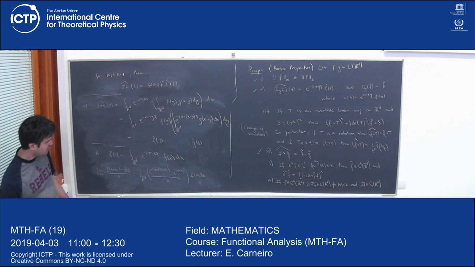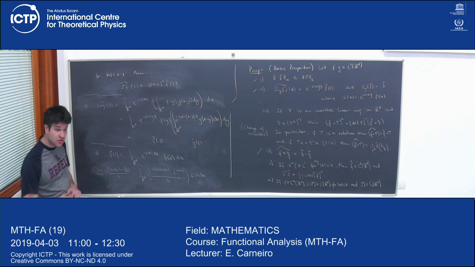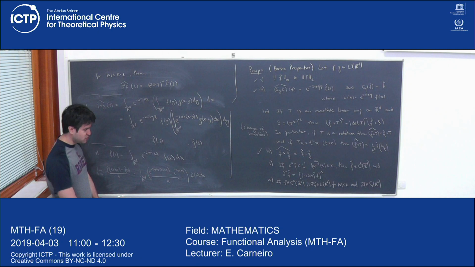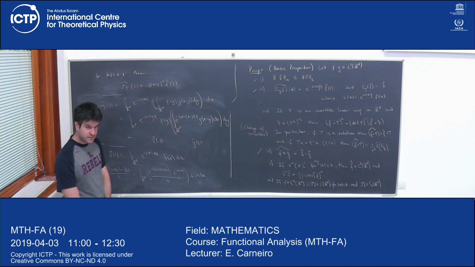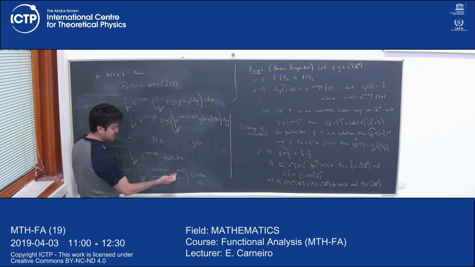Okay. I want to argue that I can send the limit when h goes to 0 inside. Okay, this is an equality. Now let's see what happens when h goes to 0 in this integral. I have f, which is integrable. What I want to show is to find, say, a bound for this guy.